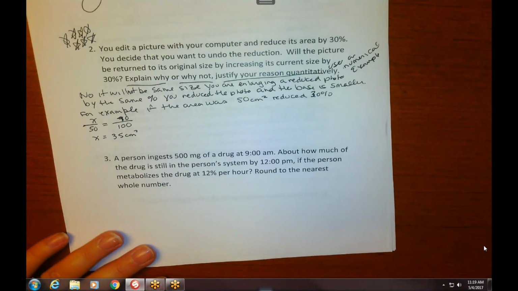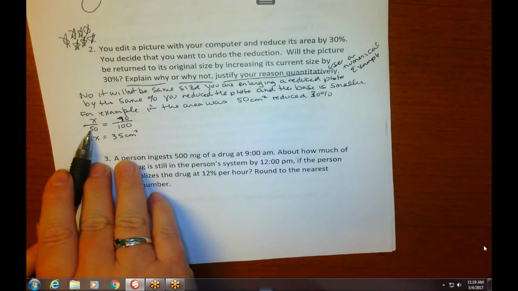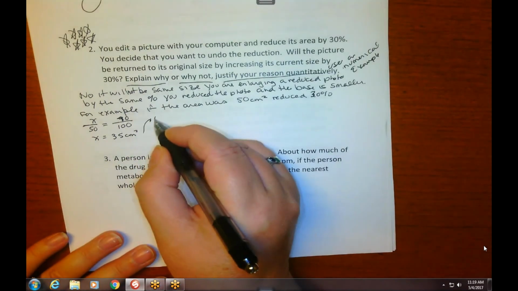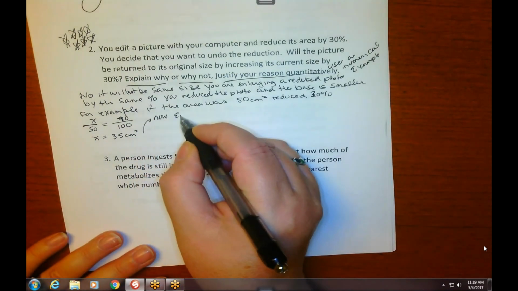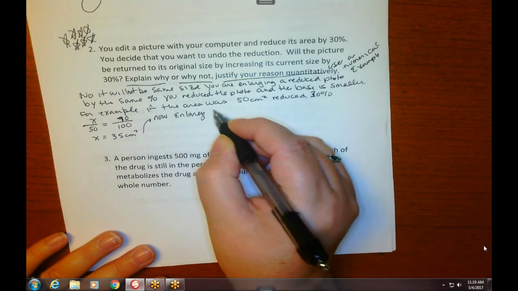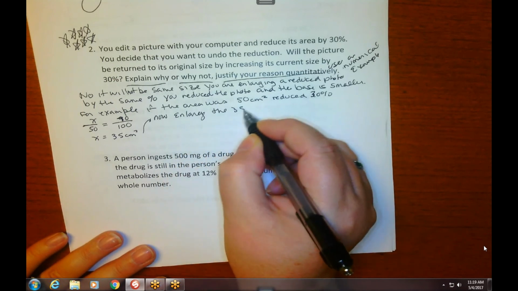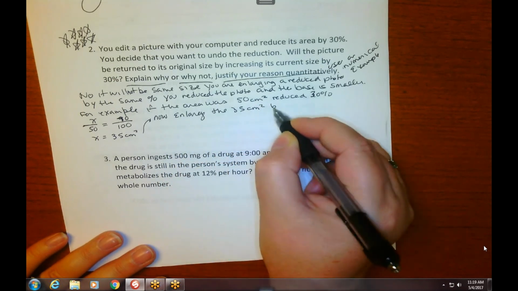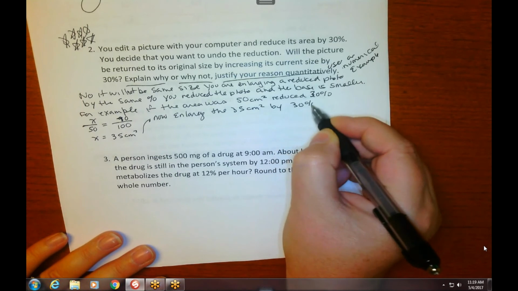Because they told us reduce it by a percent, I just picked 50. You could have picked anything. Now enlarge the 35 centimeters squared by 30%.